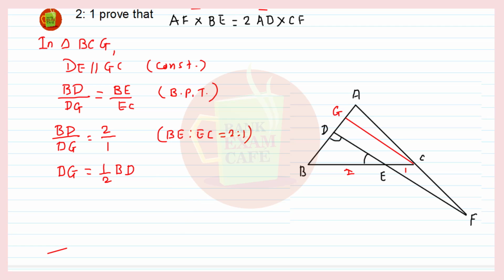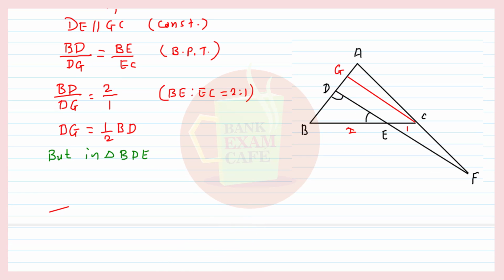In triangle BDE, we can say that BD is equal to BE, sides opposite to equal angles, correct?